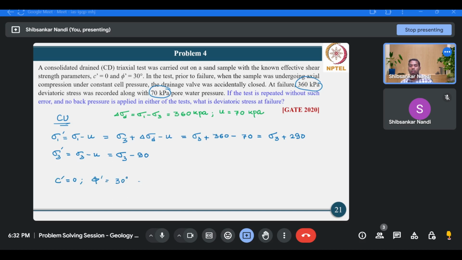So we can use this relationship. Sigma 1 prime is sigma 3 prime tan square 45 degree plus phi prime by 2 plus 2 C prime tan of 45. Now this C prime is 0.